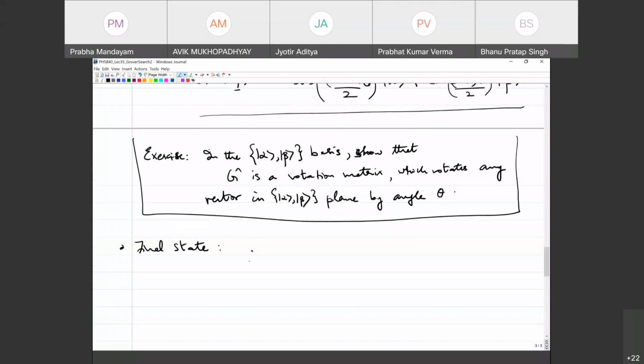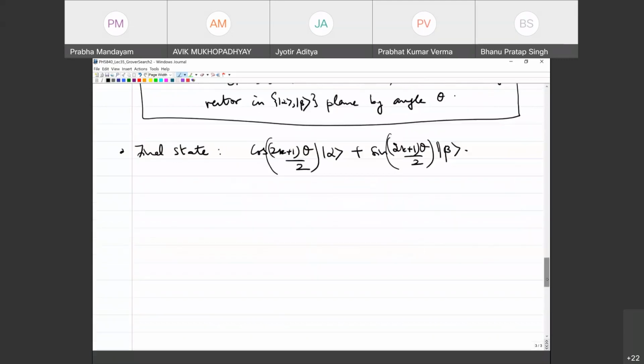It's still some superposition of alpha and beta, right? Now what happens when I measure? Because that's it, right?